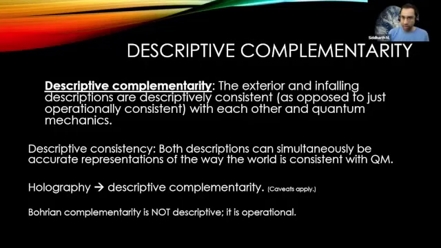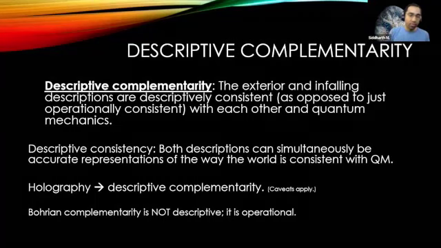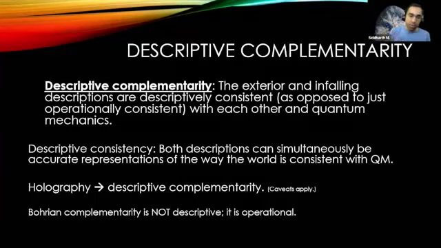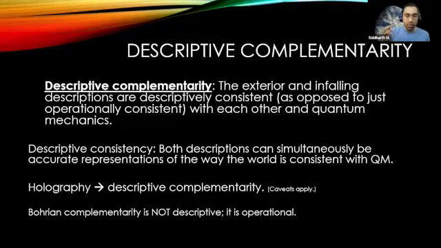This is in distinction with operational consistency, which was the previous complementarity principle, and that was about the consistency of observations of single observers. Here we are really taking representations of the world and seeing if two different descriptions can simultaneously be considered to be accurate representations of the world.